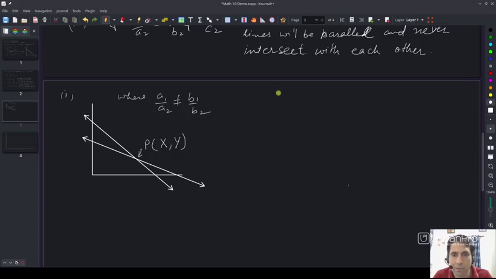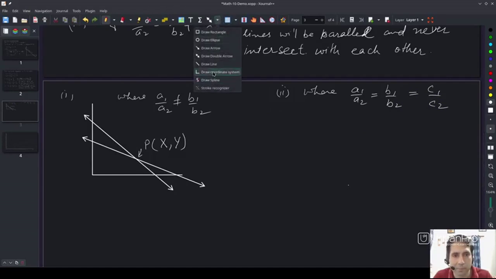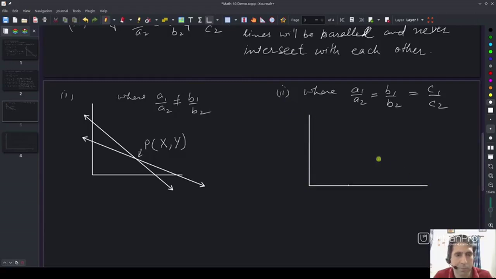In the second condition, where a1 by a2 is equal to b1 by b2 is equal to c1 by c2, the lines will coincide with each other.